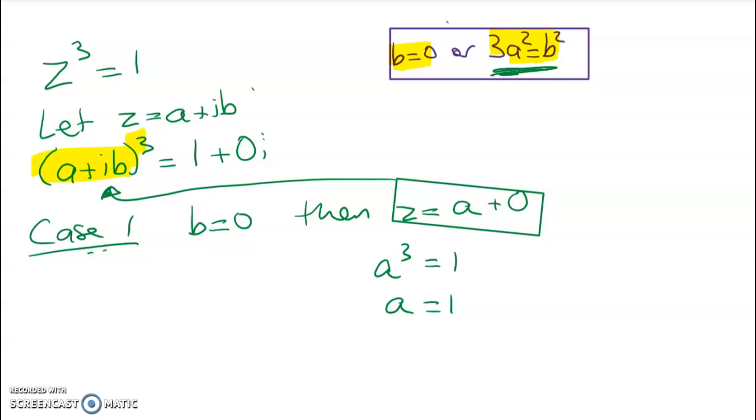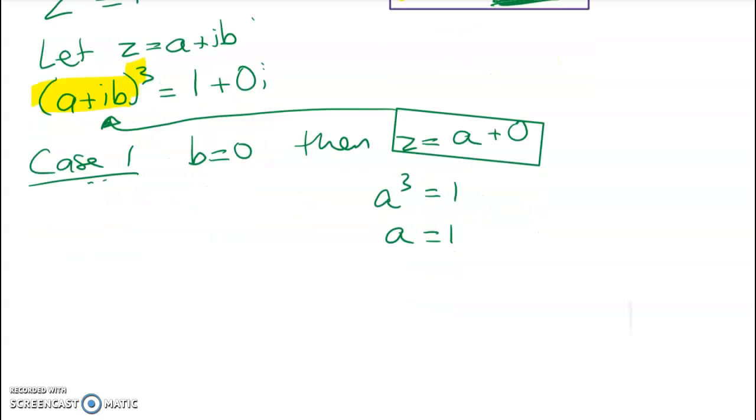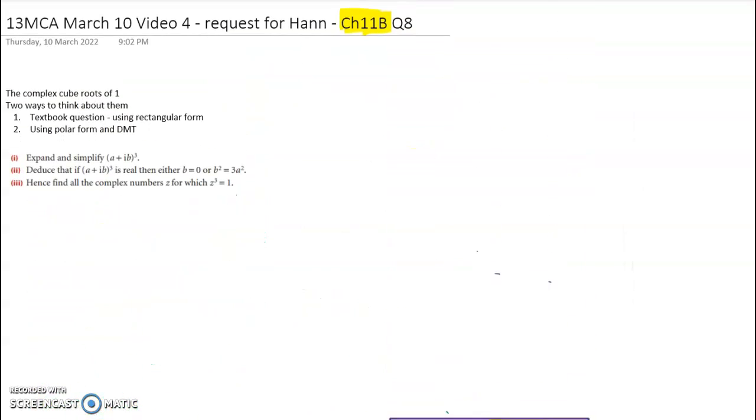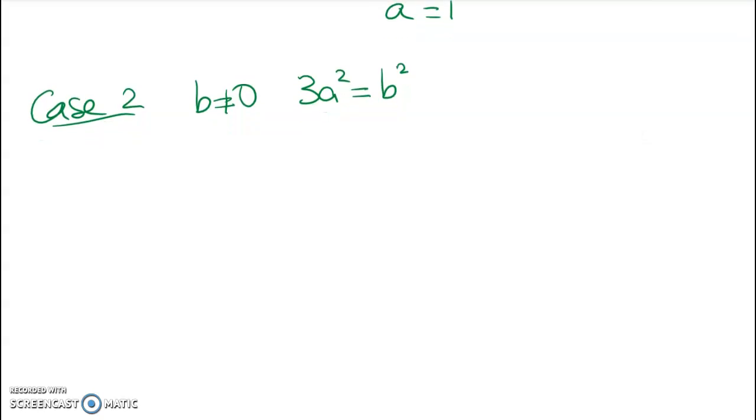Case 2 is that b is not 0 and 3a squared is equal to b squared. So look at my expansion of the complex number that we had up above.